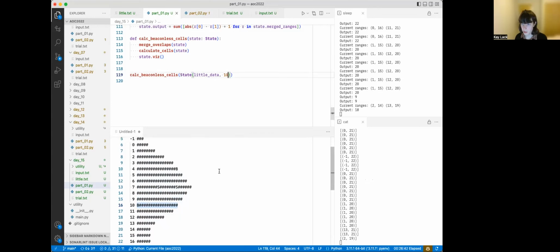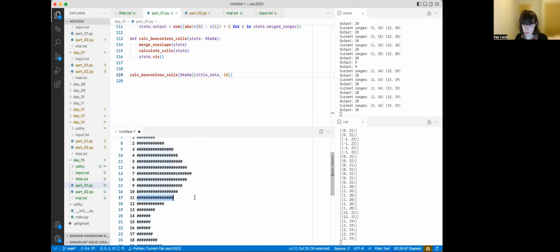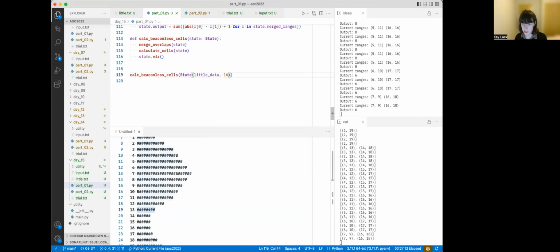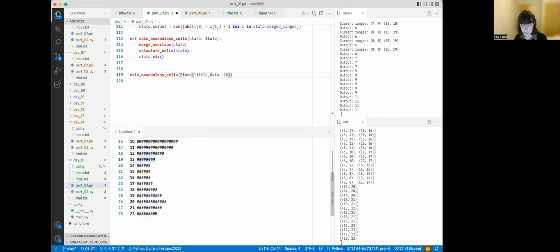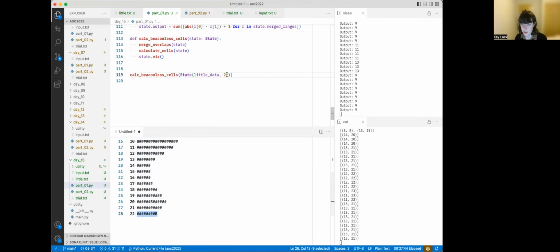No, sorry, 10 to be 18. 11 should be 16. 12 should be 12. 13 should be 8. 14 should be 6. 15 should be 6. 16 should be 6. 17 should be 7. 18 should be 9. 19 should be 11. 20 should be 13. 21 should be 9, 11. Oh, sorry, 22 is 9. 21 is 11.